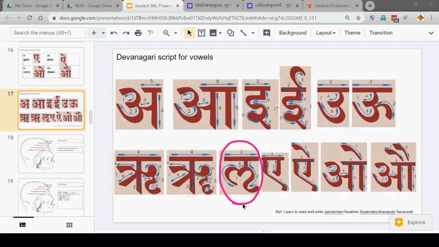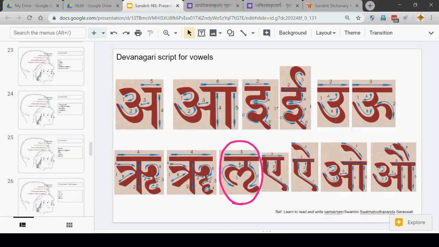The writing is same. But the pronunciation when it is a vowel is different. Lu, which we already saw. There is no touch. This is a dental sound. The tongue has to be behind the top teeth, but there should not be touch.